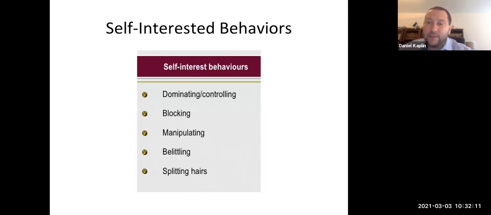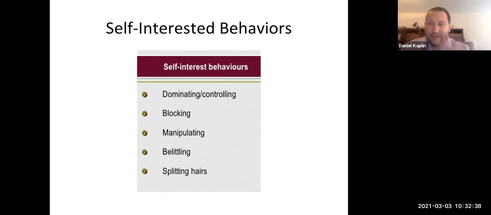about self-interested behavior, because if the other behaviors help you grow and lead towards group cohesion, these kinds of behaviors are going to actually undermine the group process or the group dynamics. So being overly controlling or dominating, that could be the group leader or the member.